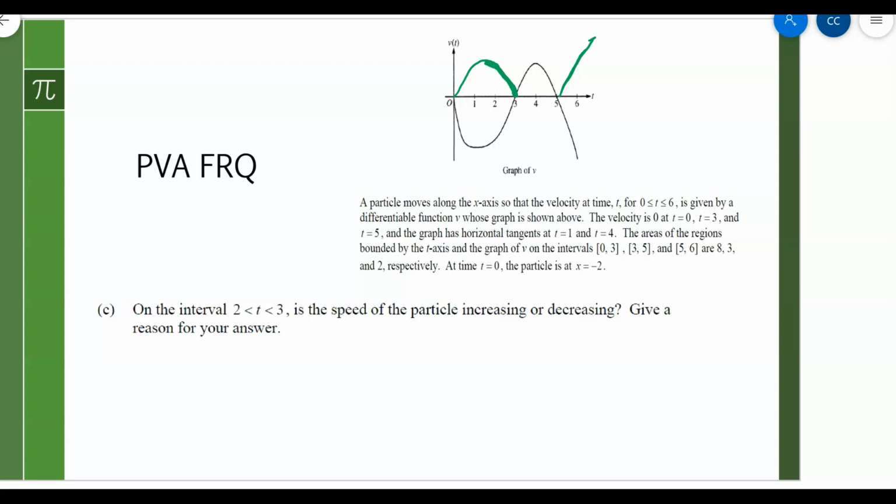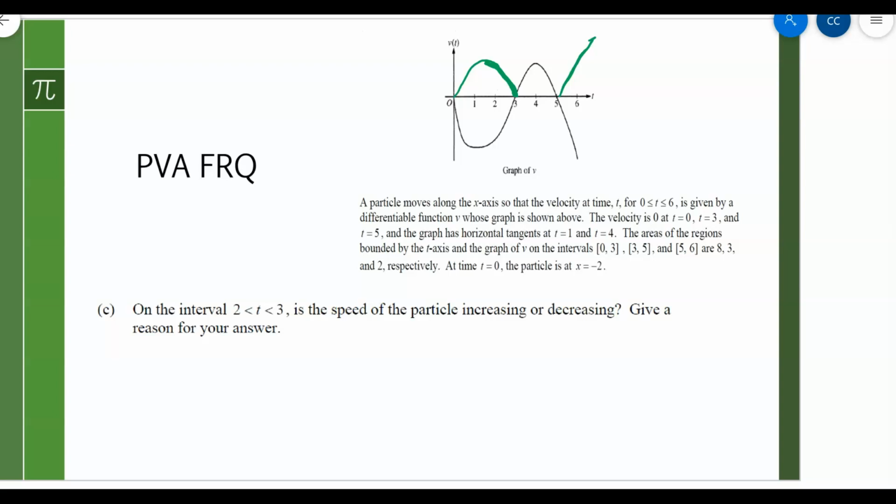Speed and velocity have to do with the sign of the function. From 2 to 3, the sign is positive. However, the function is decreasing.